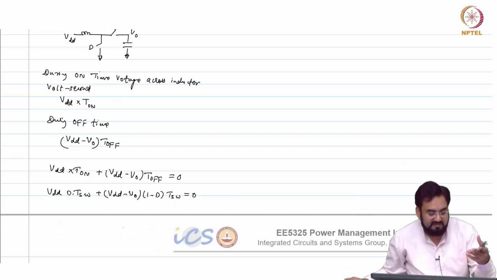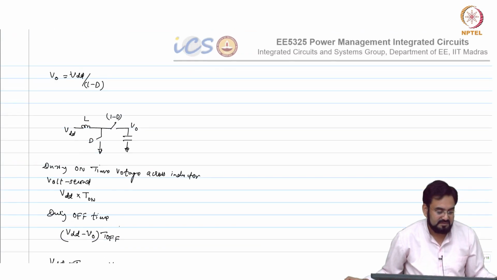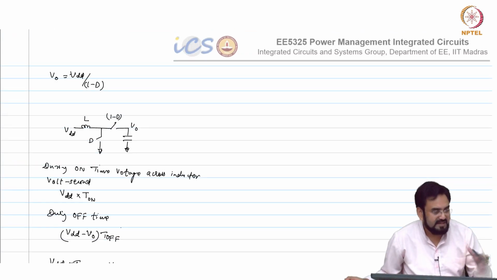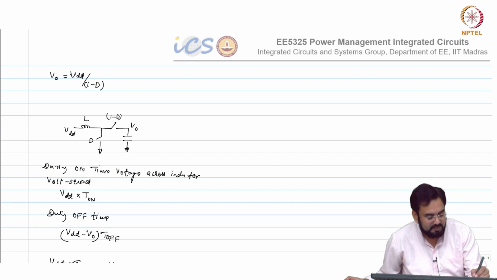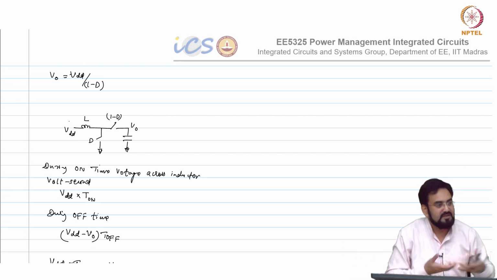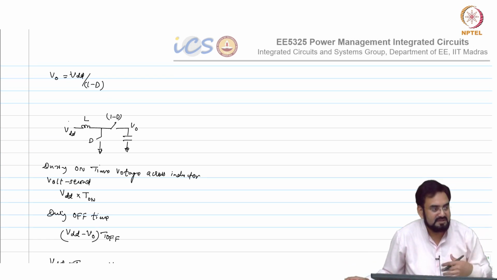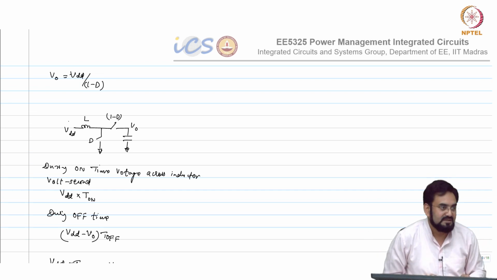So that was the intuitive way, but if you don't know, then you can always derive. And this is true for any switcher actually. Even if you have, let's say I put one more pair of switches at input side, output side, then you can still derive the same equation. So when we talk about the buck boost, then you have 4 switches there actually.